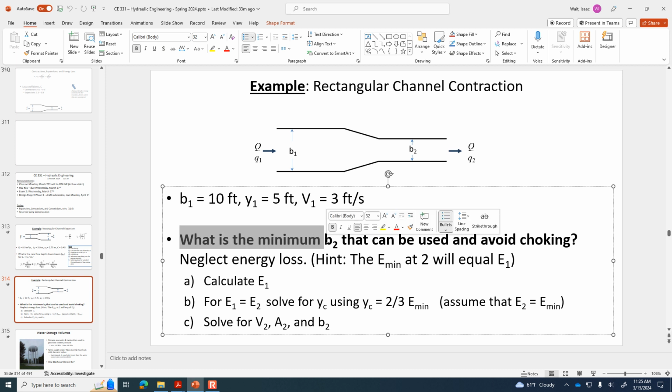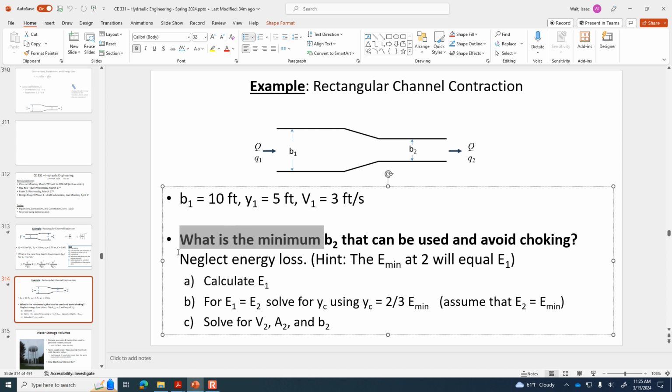And that's what this example is kind of probing at: the minimum width downstream that could be used to avoid choking. So you'll remember that when we were talking about steps, we had a few examples dealing with the maximum step height that could be tolerated. And if the delta Z was any larger than that critical step height, then choking would occur. So this is similar, because if the channel becomes any narrower than this minimum width, then it's going to cause choking upstream.